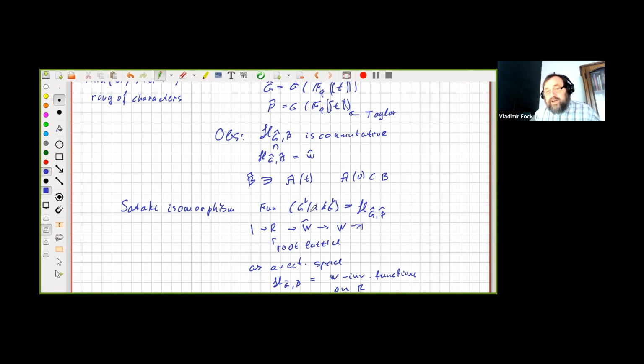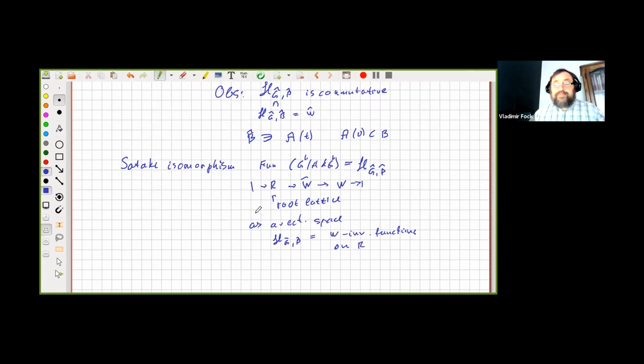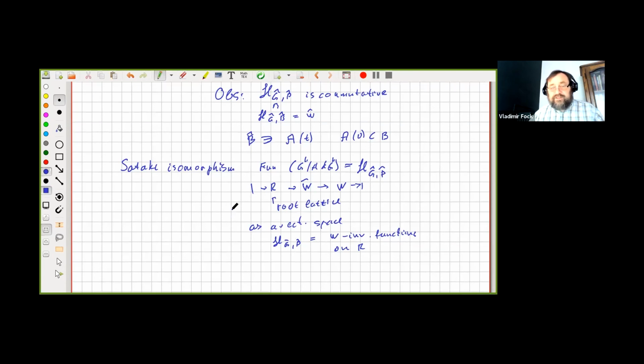On the left-hand side you have the weight lattice, on the right-hand side you have the root lattice. And in order to have an isomorphism, you need to change them. So you replace the group with the Langlands dual, which is a natural thing.